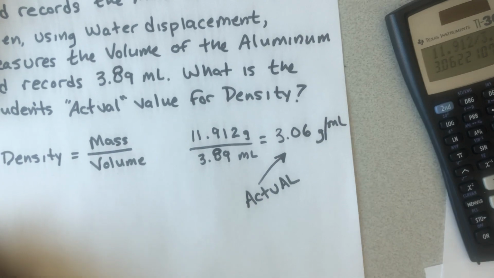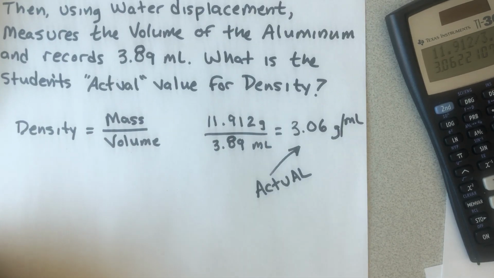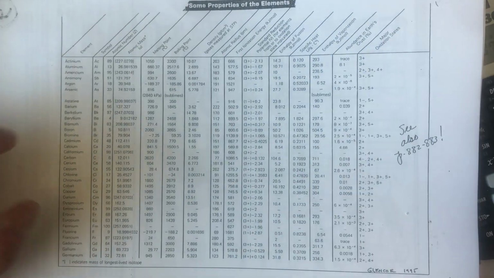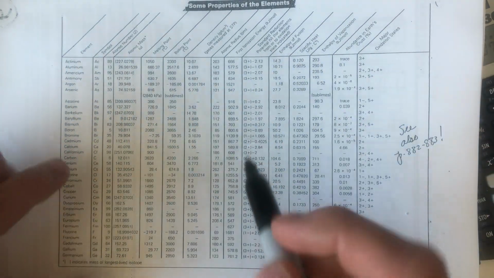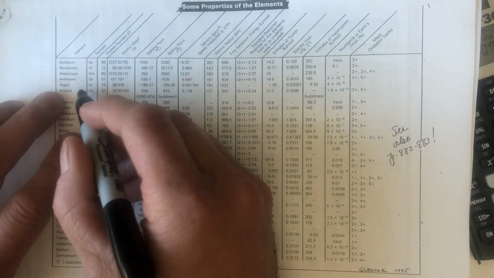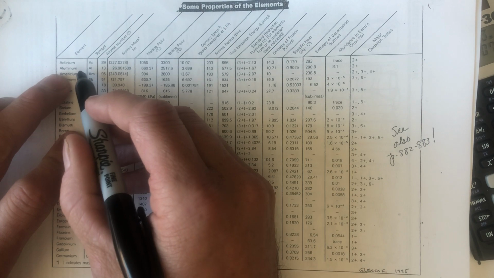And now we're going to compare that against the theoretical value, what the value of aluminum's density should be. And that is something that you have to either be given or you've got to look up. And so here is a little handout that shows lots of different properties of all of the elements. And let's find aluminum. It's right here, second to the top.